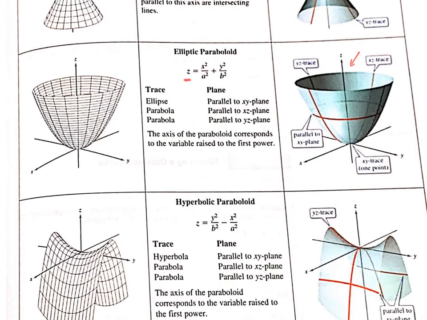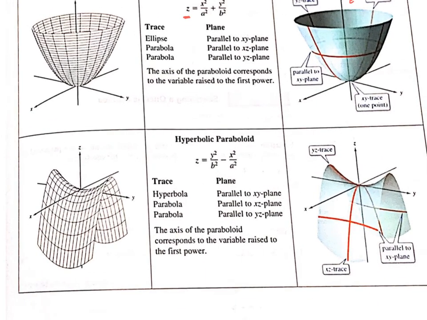And our very final type is a hyperbolic paraboloid. This one is kind of similar to the last one. You have one term that's not being squared and the other ones are, but now you have a minus on one of your squared terms.